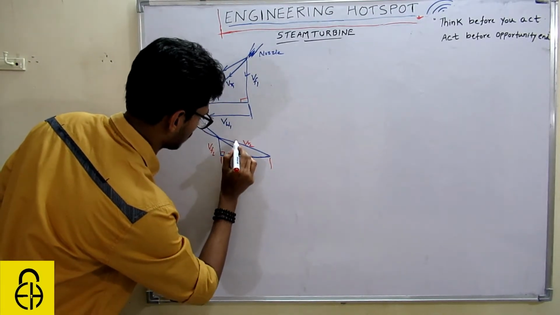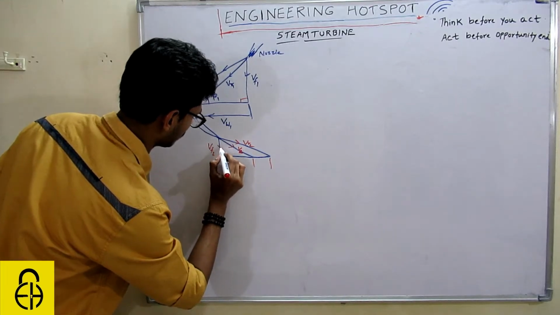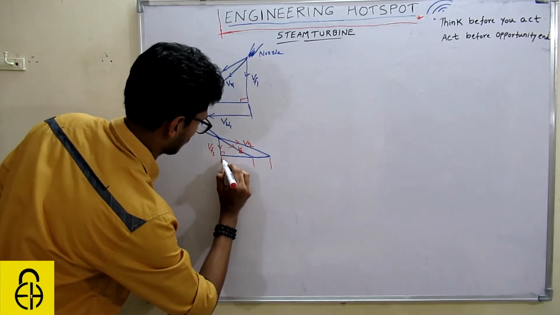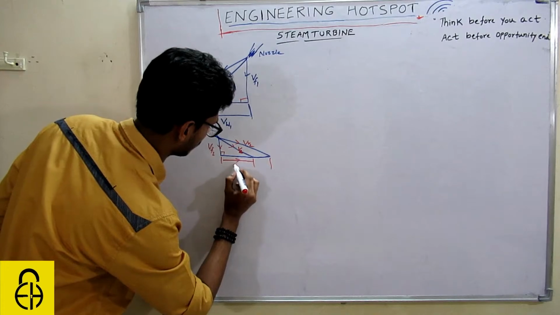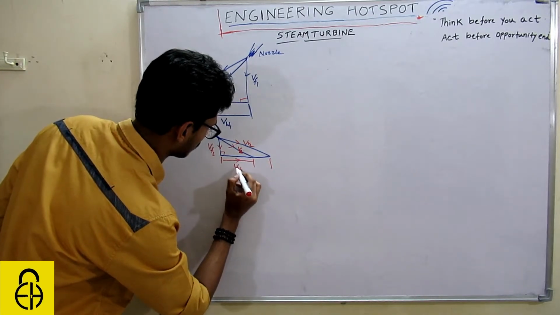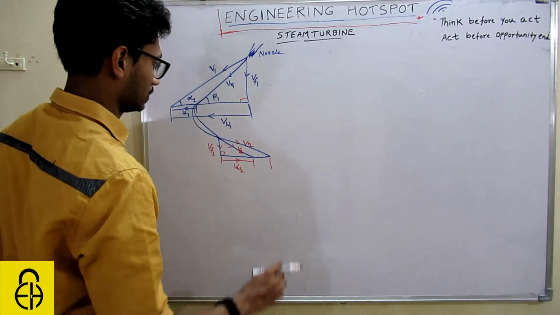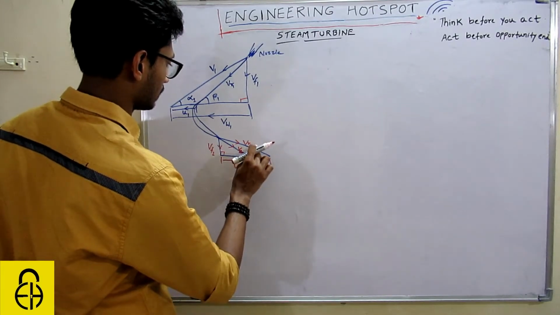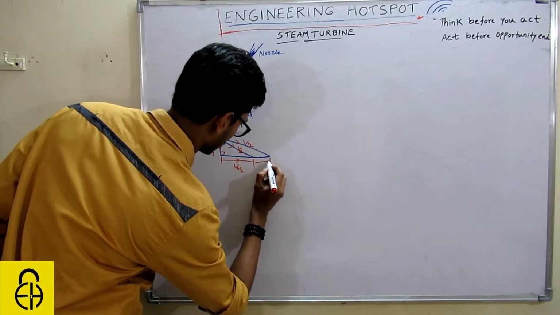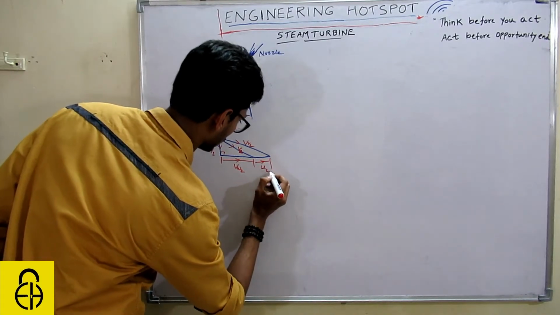So this will be your VW2, the tangential component of the absolute velocity. This is V2, this is VR2, so this small thing will be your U2.